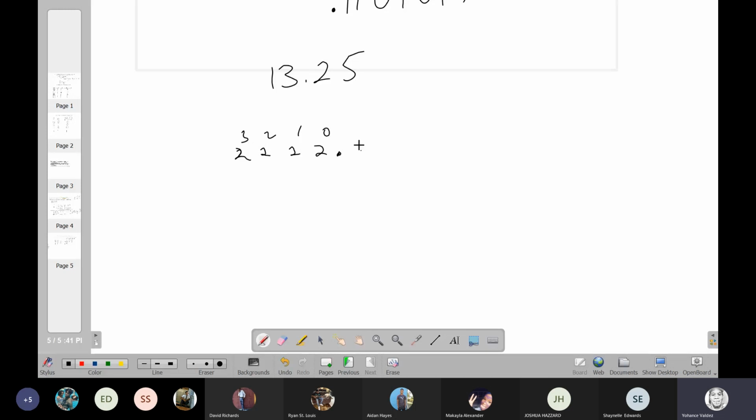And here you have 2 to the power of minus 1, 2 to the power of minus 2, 2 to the power of minus 3. And that's how I got the 0.5, 0.25, 0.125. And on this side, you have 1, 2, 4, 8. Okay, things working out so far?